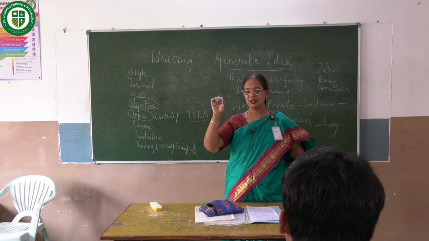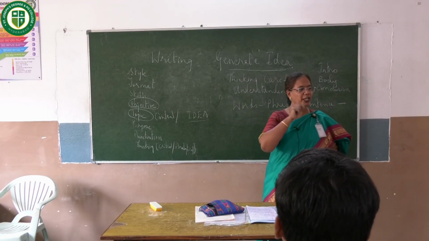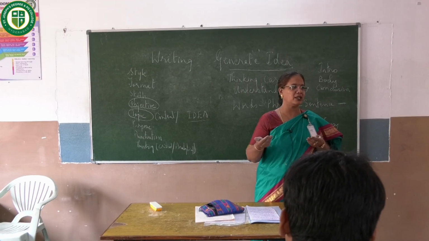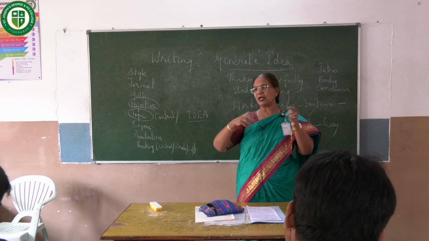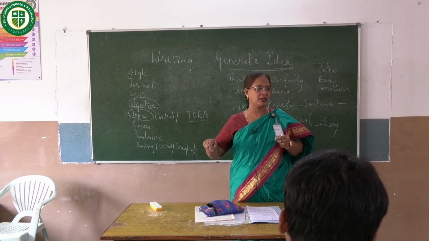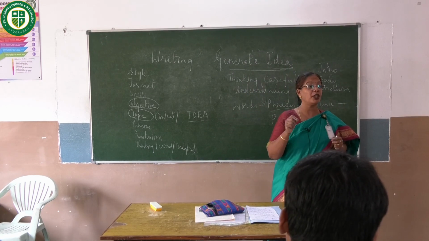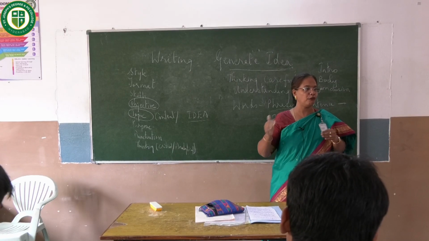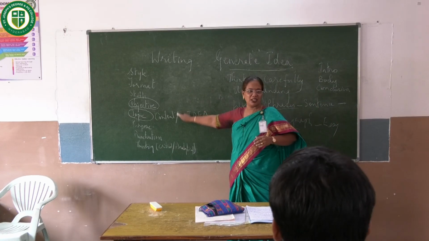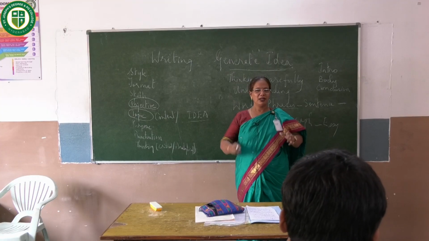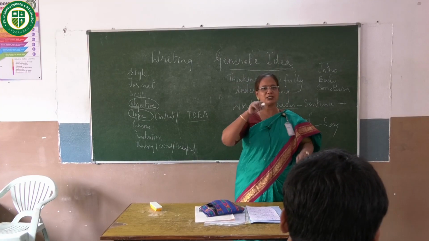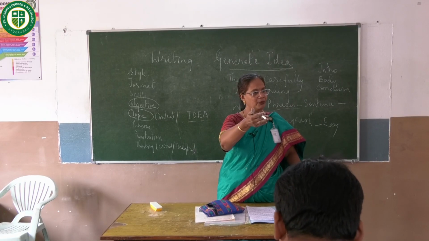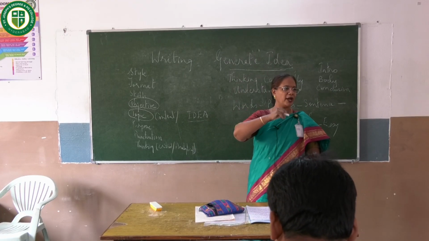In the initial stages of writing you'll have lots of grammatical errors because your thoughts keep coming and then you start recording them. So don't bother about the appropriateness of your language, your style, your format, the punctuation. As your thoughts keep coming, just jot them down. That's nothing but freestyle, free writing.